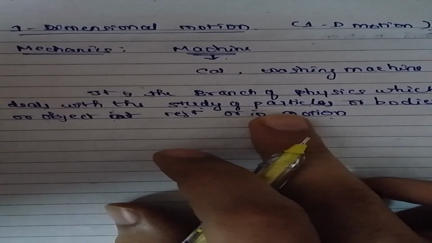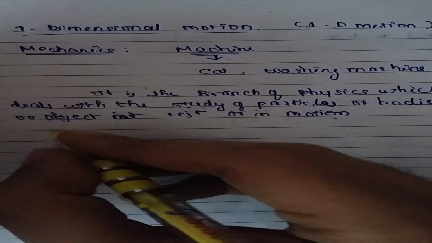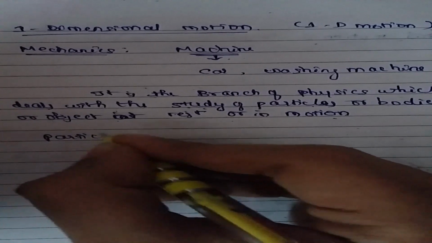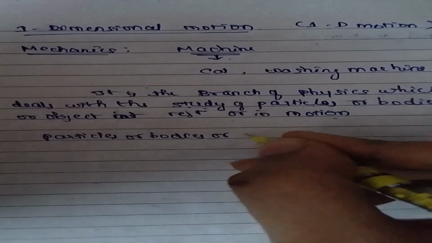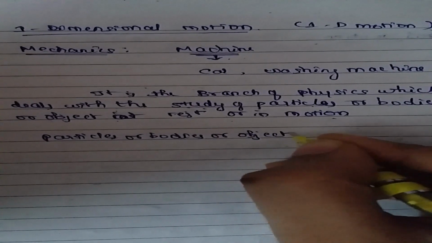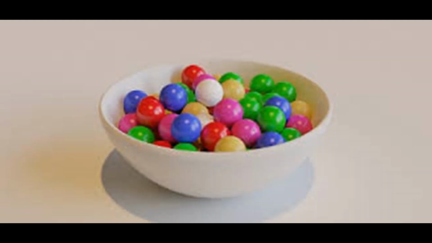Now we can move to the next definition, that is, what is meant by particles or bodies or objects. The particles or bodies or objects are nothing but a quantity of matter that occupies a certain position in space, and need not have any specified shape.